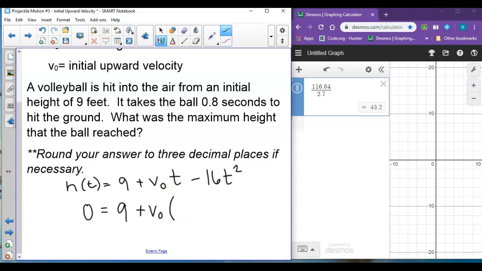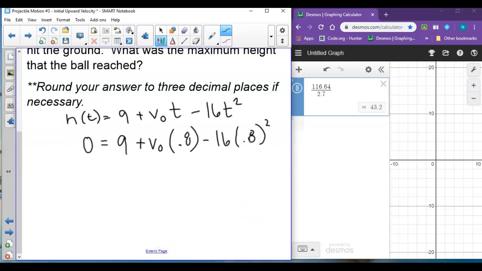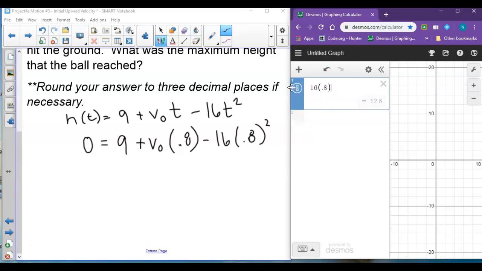I'm going to leave it alone. The time is 0.8. And I'm also going to plug in 0.8 here for that other time. And so this is our equation that we need to solve for v sub 0. So if we've got 16 times 0.8 squared, then we get 10.24.